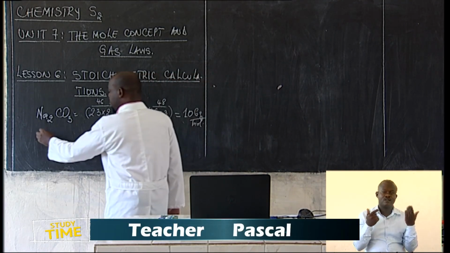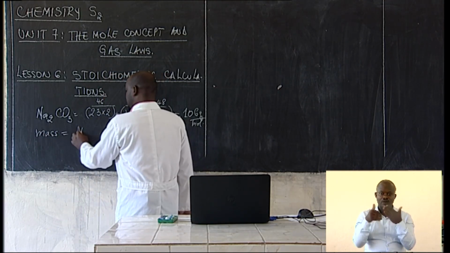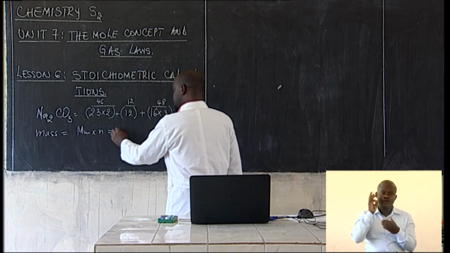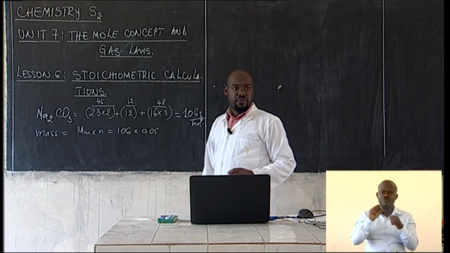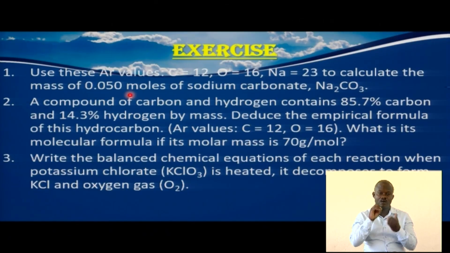And to find the mass, the question is asking us to find the mass. So the mass, which is given by molar mass times number of moles, will be 106 times 0.05. That is the value we have here, 0.05. And what do we get? You also have to learn how to use your calculators. So let me give you some seconds, you work out the answer for that question, and then you write it down.